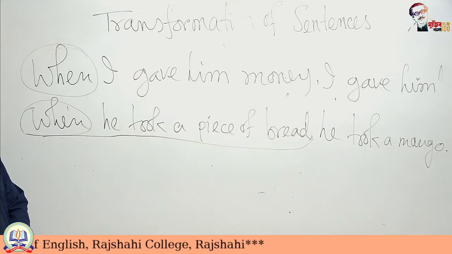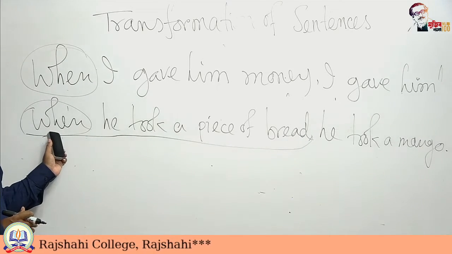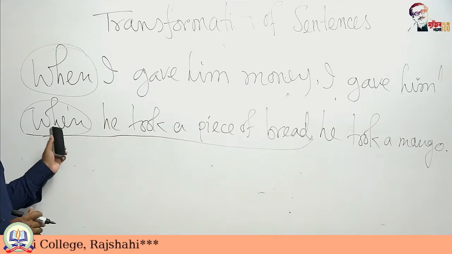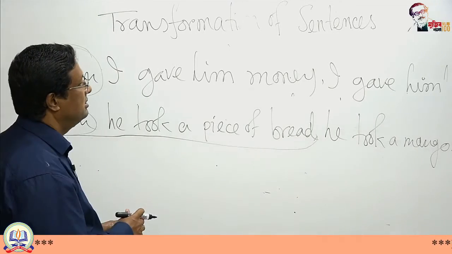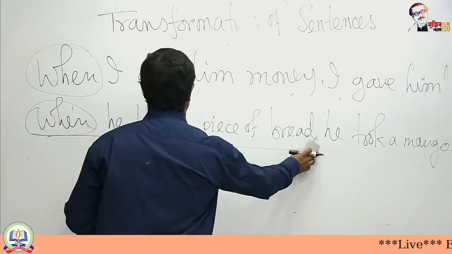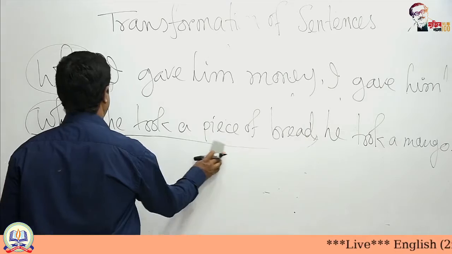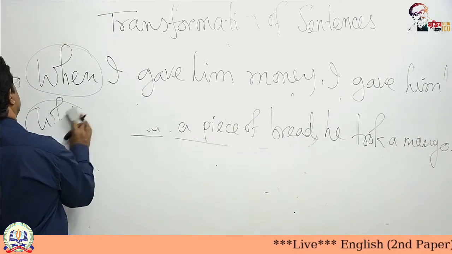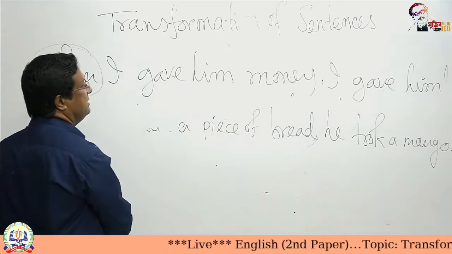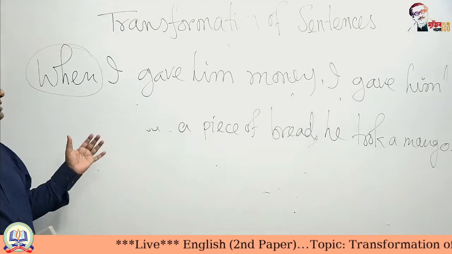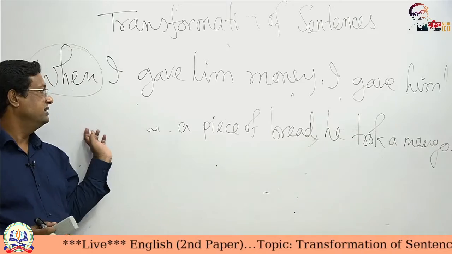So we have to change the subordinate clause. When he took a piece of bread, he took a mango. So taking a piece of bread, we can say this. We can easily eliminate when, and we can eliminate he, because we find he in two places, there and here.